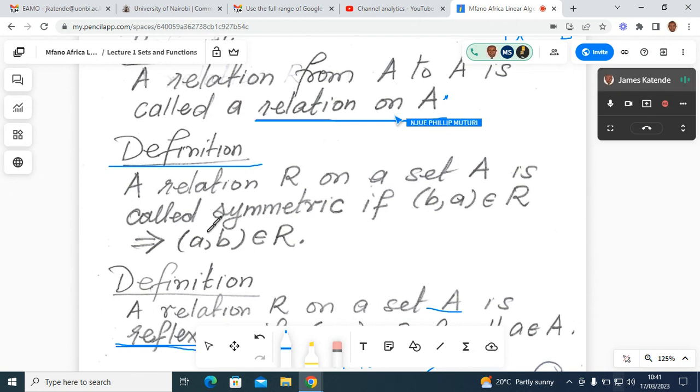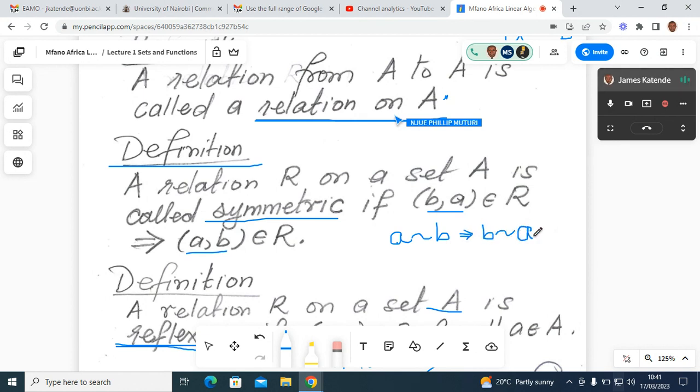I seem to have skipped this one for symmetric. So the definition of a symmetric relation is one where if b is related to a, then a is also related to b. In other words, you can also write it like this: if a is related to b, this implies that b is also related to a.